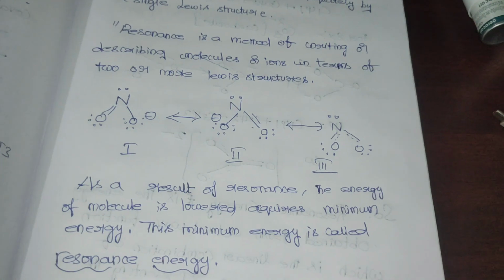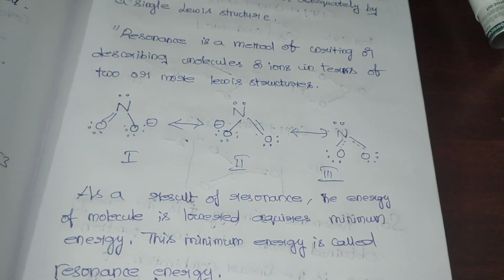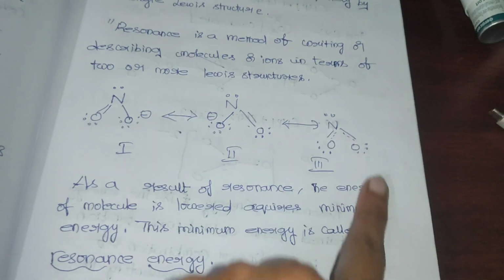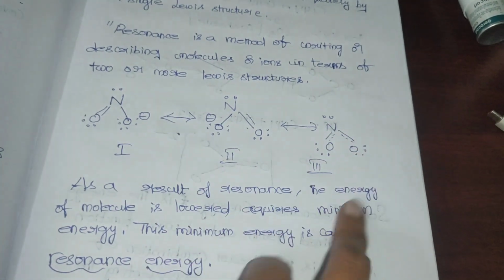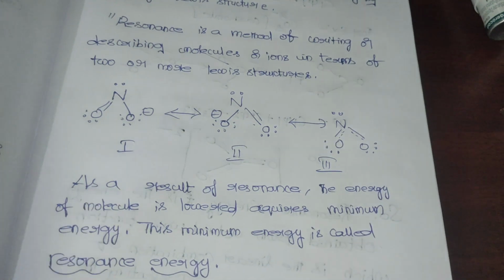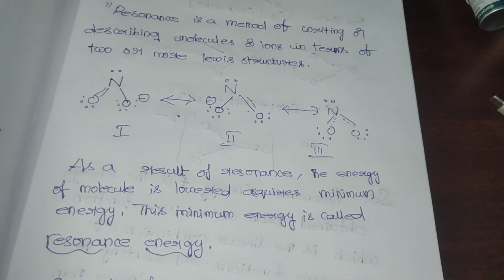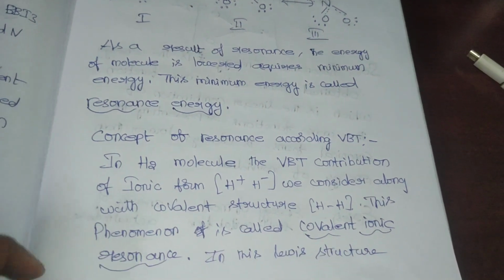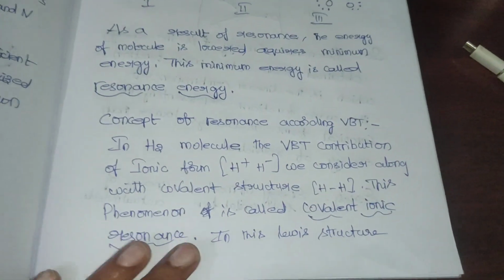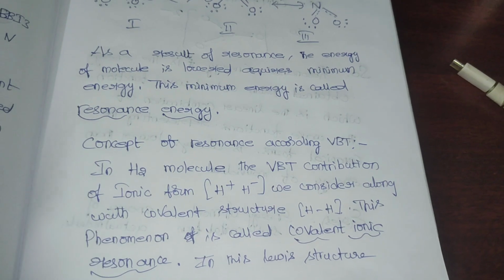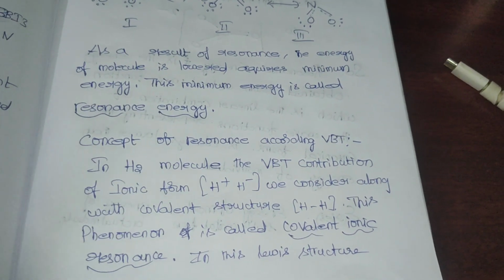The reason is just the double bond rotating around the bonding between the atoms. That is why the energy is lowered in a molecule, and this minimum energy acquired in a resonance structure is called resonance energy.